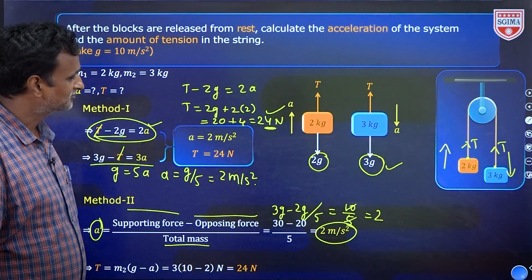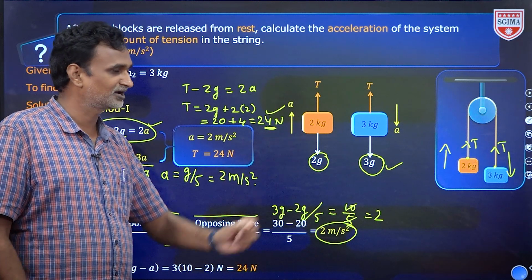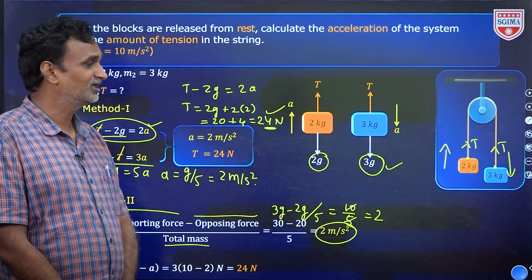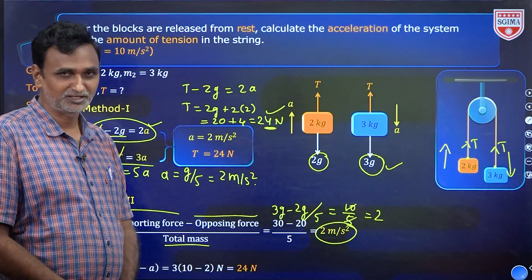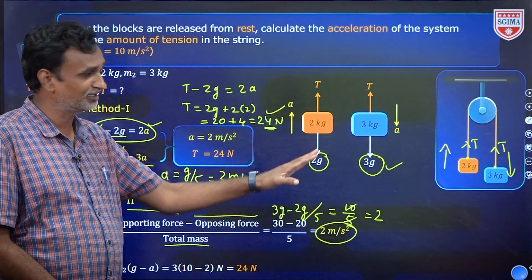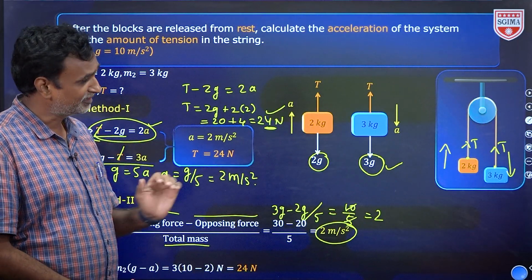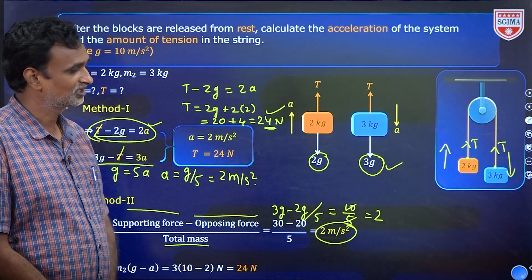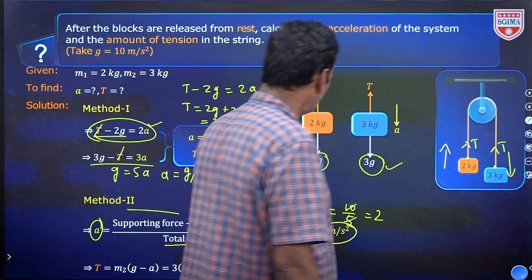So after getting acceleration you just write the net force equation for any one of the bodies. If tension is same in the total string, then you can just write one net force equation, right? This is the way we can solve.